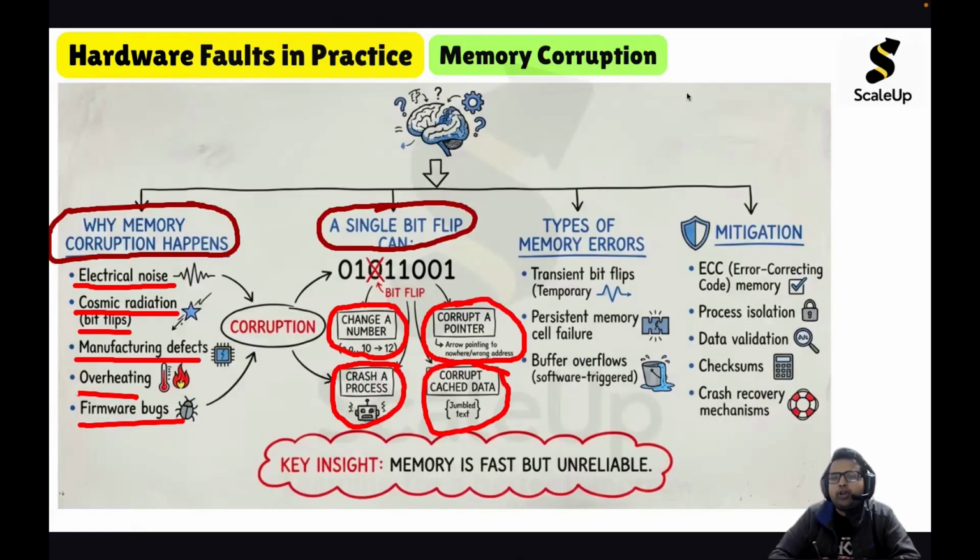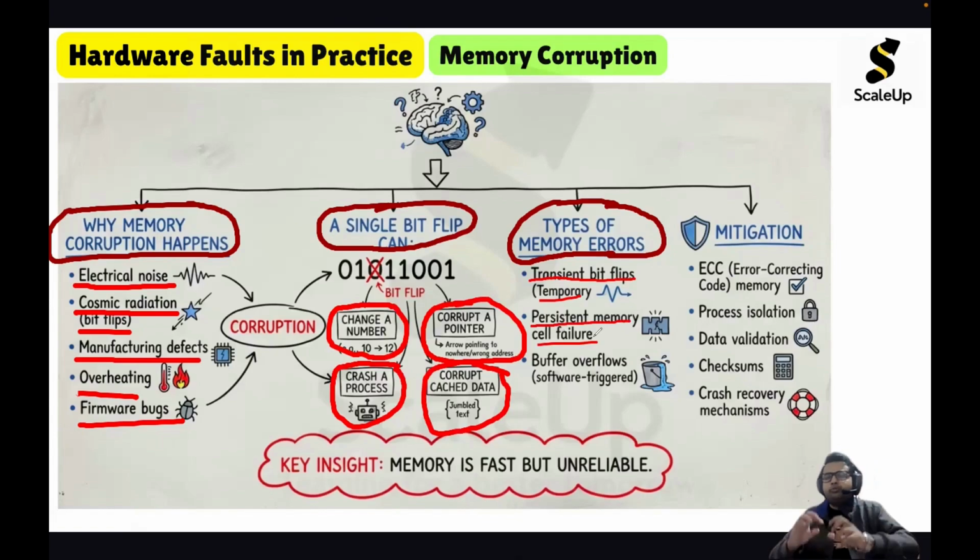Now, if we talk about types of memory errors, we can have transient bit flips, which are temporary in nature, and persistent memory cell failure. A bit flip is temporary because it can be undone. Let us suppose some bit flip happened, we can overwrite the data, and then we can reverse it.